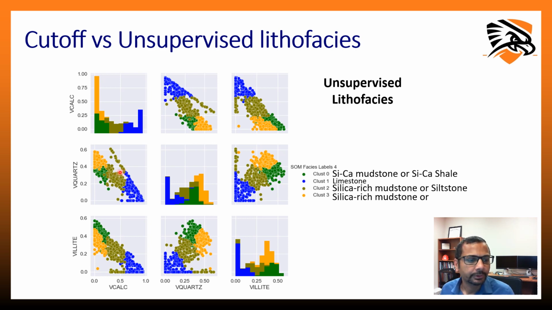When I say clusters, what I mean by that is the similar kind of properties of those points, they are nearby in most of the plots. Which is a good sign for clustering, and such facies, I would call more naturally dividing lithofacies compared to the cutoff based lithofacies.